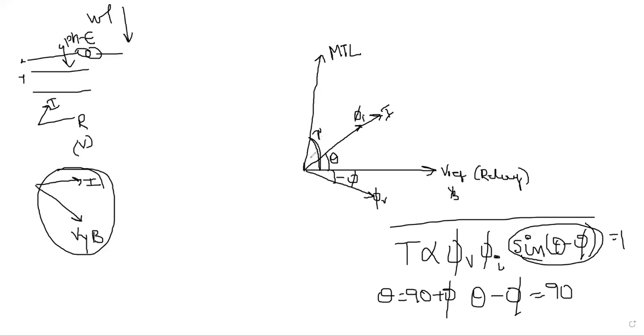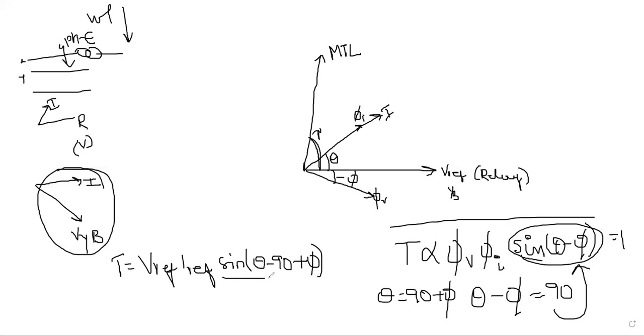Now when I implement this again, the torque is equal to V reference times I reference times the sine of the angle, where theta equals 90 plus phi. So the torque should always be positive to operate.